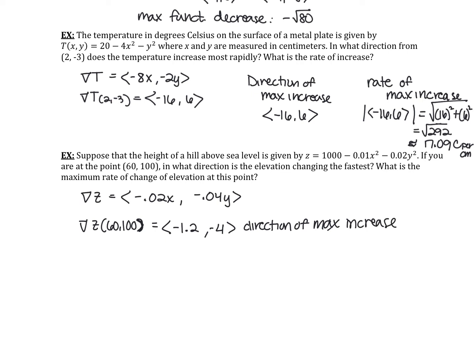And it asked for what is the maximum rate of change. The maximum rate of change would be the magnitude of the vector (negative 1.2, negative 4), which would be, need my calculator, the square root of 17.44, or approximately 4.176.